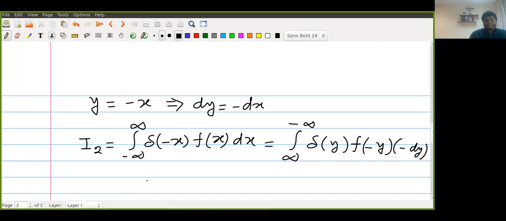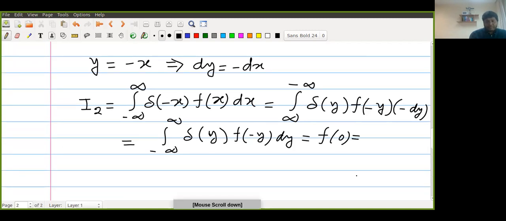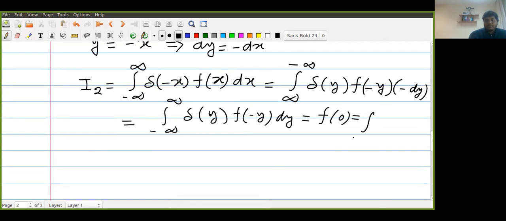Am I right? Again, we can change the minus sign and the limits will swap. So it will be minus infinity to plus infinity of delta of y f of minus y dy, which is nothing but f of 0, which we can also write as the integral from minus infinity to plus infinity of delta of x f of x dx.